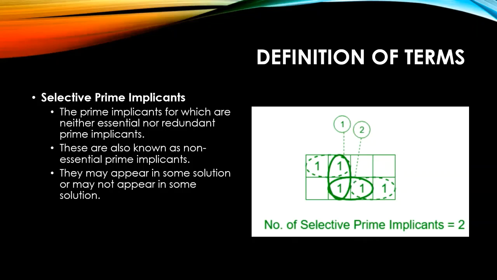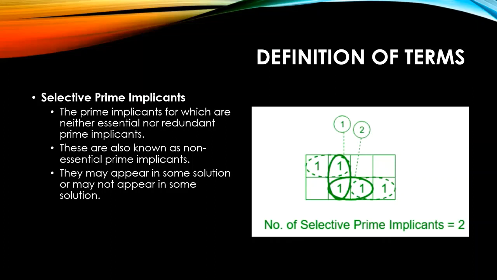We have two options. We could form a group of two by grouping it with this min term or group it with this min term. So we have an option on how to group this min term to form a group of two.